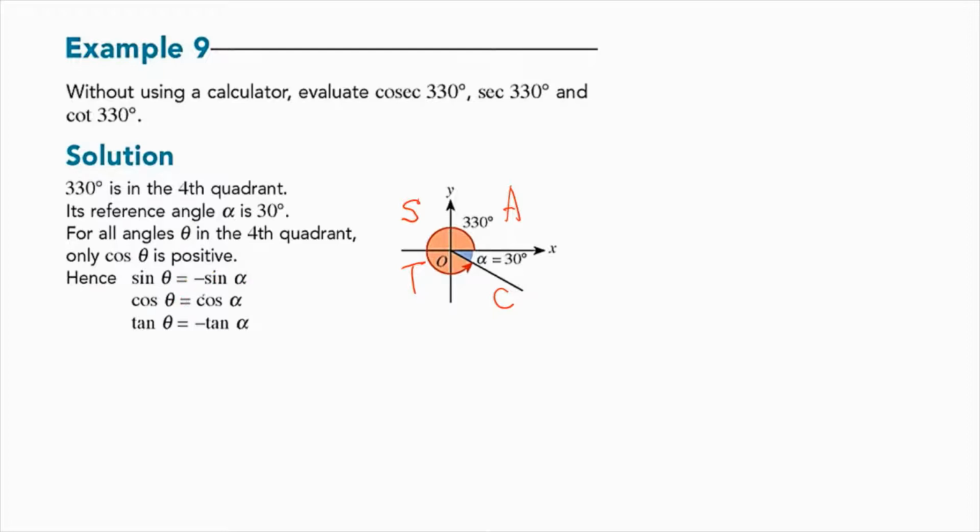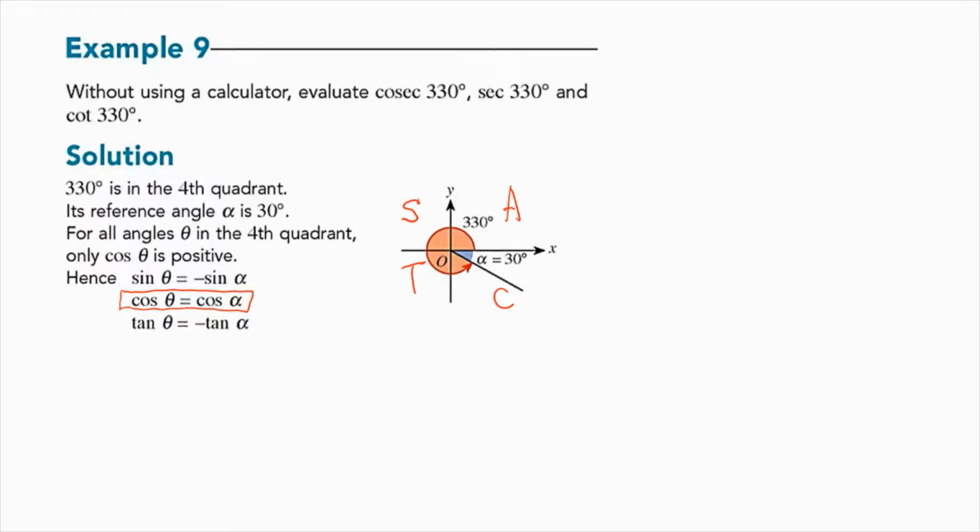Cosine theta equals cosine of the reference angle. And tangent theta equals negative tangent of the reference angle. So only cosine is positive, whereas sine and tangent are both negative. With this in mind, we can use what we learned earlier.